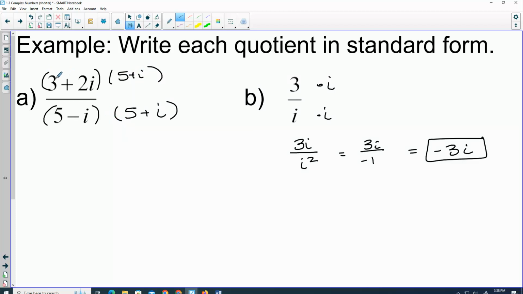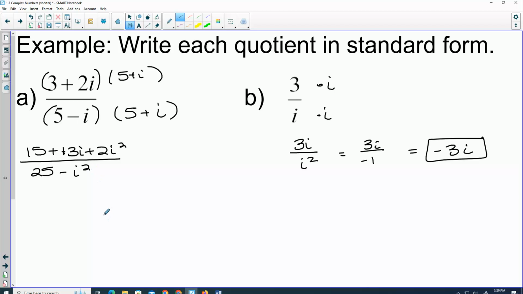So on top we FOIL. We get 15 plus 3i plus 10i would be 13i plus 2i squared. On the bottom, if we FOIL, we get 25 plus 5i and minus 5i. What happens? It's canceled. That's why we do the conjugate, so those terms cancel.